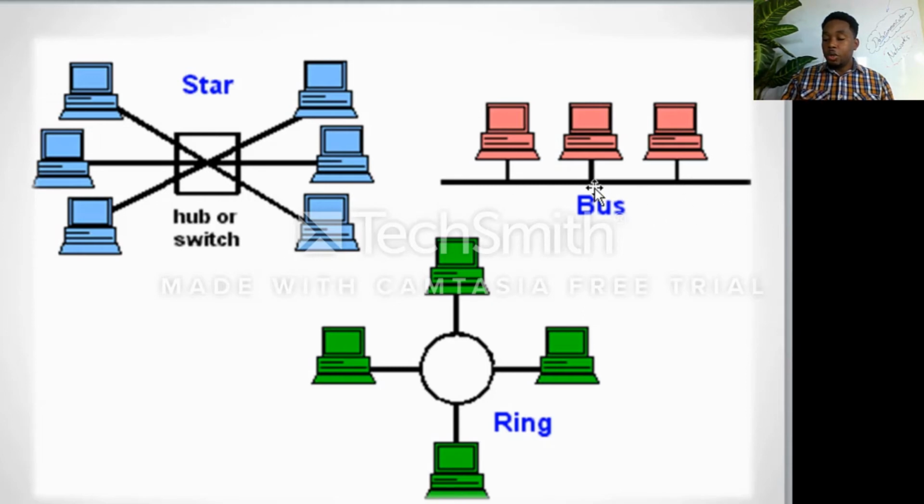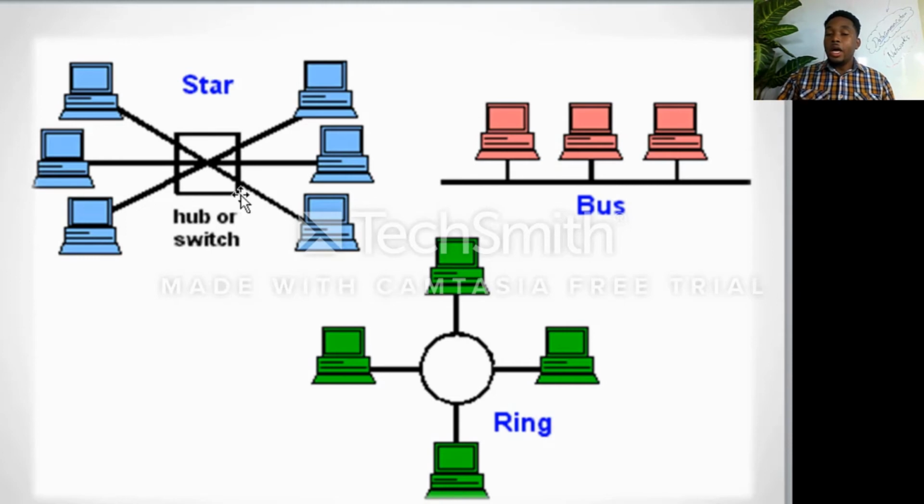It is cheap, but if the cable breaks, the network is split into two unconnected pairs. So if it splits, then it's going to split into two unconnected pairs. It is also slower than your star network. So the star network is faster in terms of speed. And that is why most of our setup is like the star network.